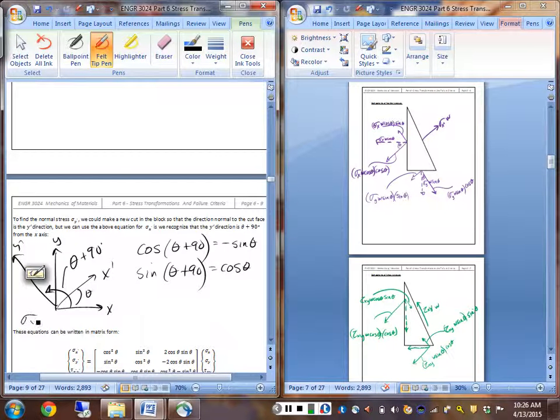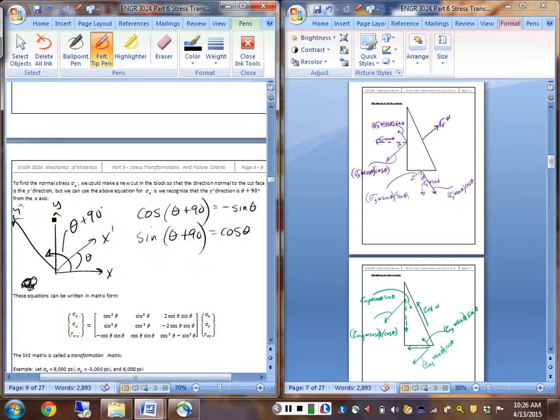We can just say sigma y prime is then sigma x sine squared theta, sigma y cos squared theta minus the shear times the cross term.